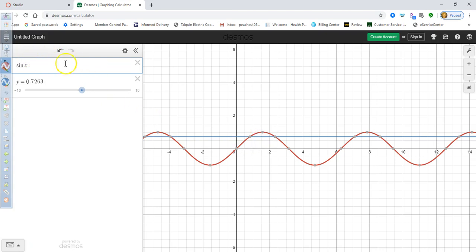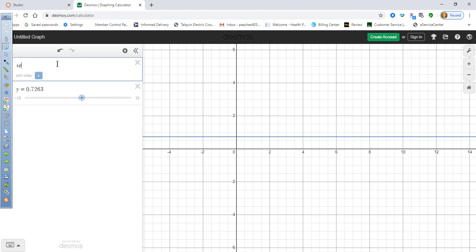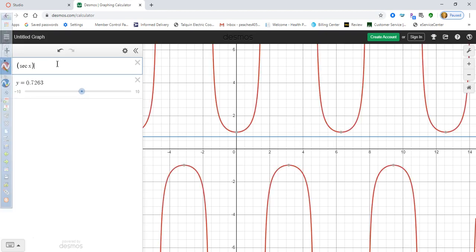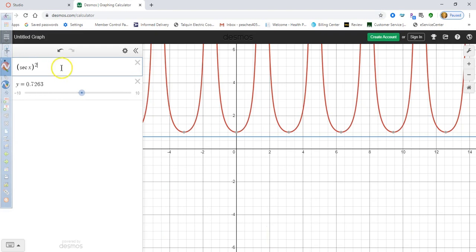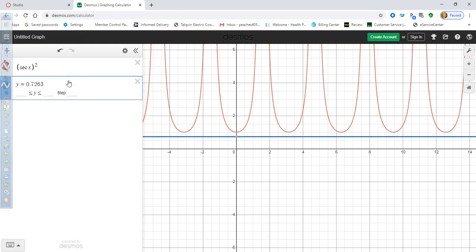Type the trig function or the left side of the equation in the first one, type the right side in the second one, find where they intersect from 0 to 2 pi. Okay, just want to show you again. So let's look at number 2, which is secant squared. So there's my secant squared, and it has to be equal to 10.